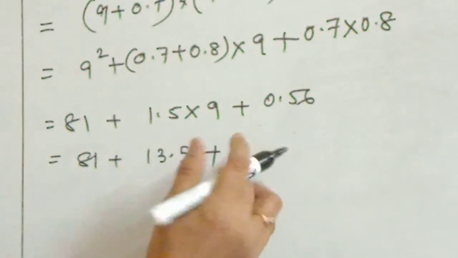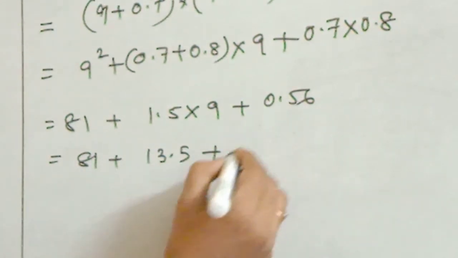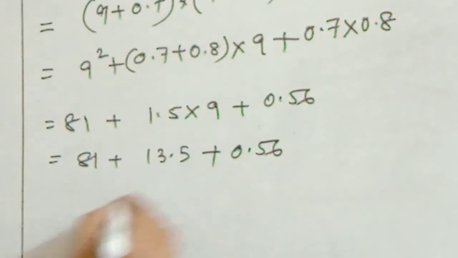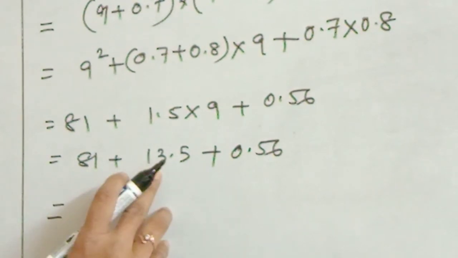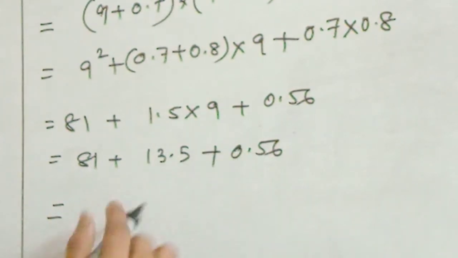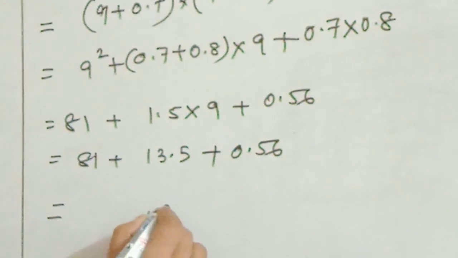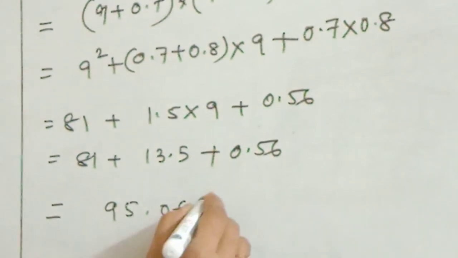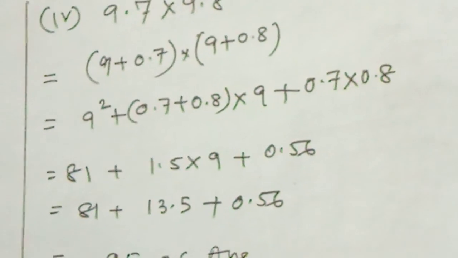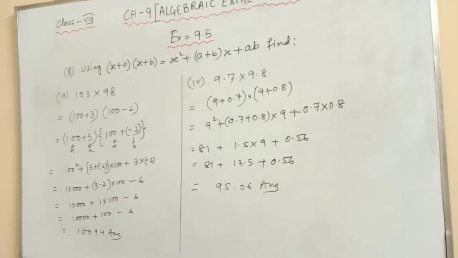After multiplying 1.5 into 9 you get 13.5, and then 0.56. So the result is, if you add all this, 81 plus 13.5 plus 0.56, it will be 95.06. Okay. I hope if you practice this, the sums will be very easy for you. Thank you, students.